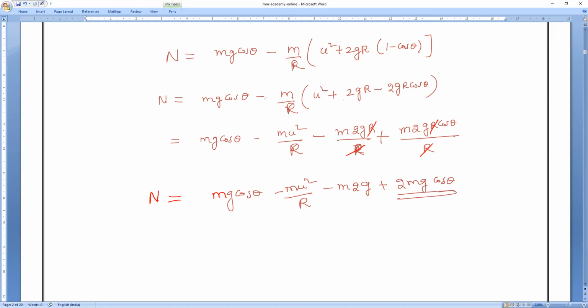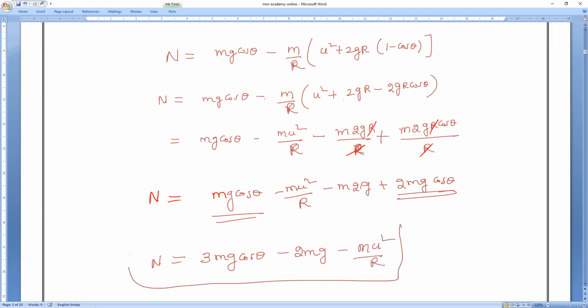So 2mg cos theta plus mg cos theta is equal to how much, guys? Tell me. mg cos theta plus 2mg cos theta is equal to 3mg cos theta. Next, minus 2mg and minus m u square by r. So this is the normal reaction.